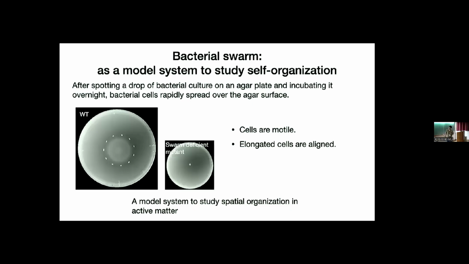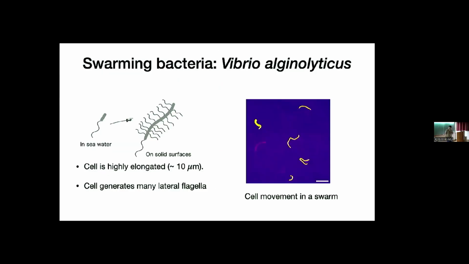During swarming, cells are motile and elongated. They are aligned, so the bacterial swarm could be a model system to study spatial organization and active matter. Our model organism is Vibrio alginolyticus.